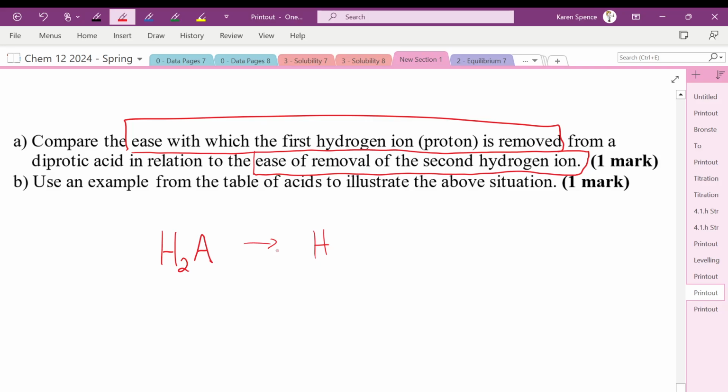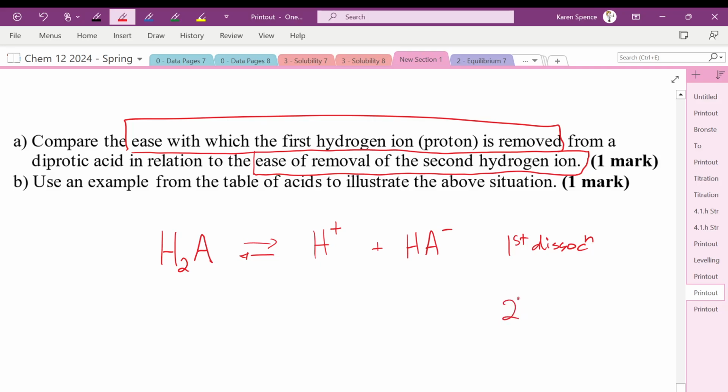Should that be a one-way arrow or a two-way arrow? Two-way arrow. Okay. H plus, and what is our other product? HA negative. That is the first dissociation. That is the removal of the first proton. Yes? First dissociation.